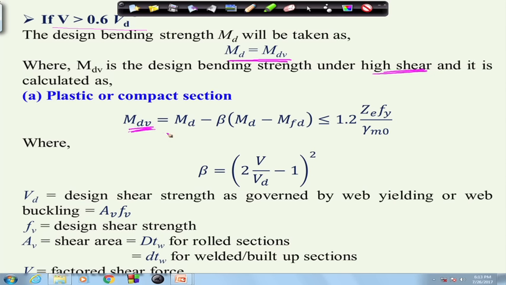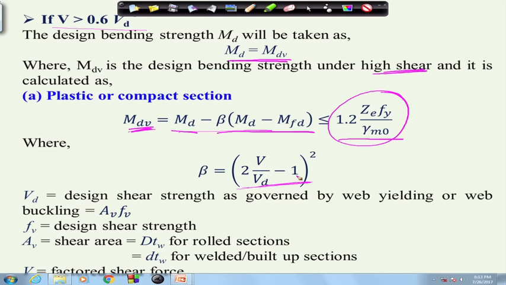If the section is plastic or compact, then we can find the Mdv value as Md minus beta into (Md minus Mfd), and in any case it should be less than or equal to 1.2 Ze Fy by gamma m0. So, you have to consider this criterion. Beta is equal to (2 V by Vd minus 1) whole square.